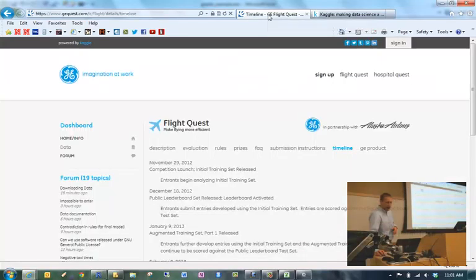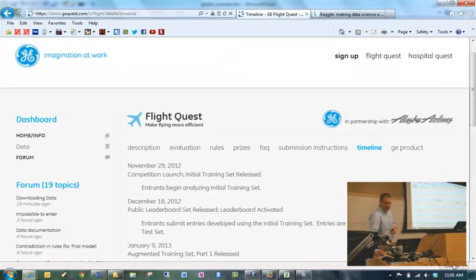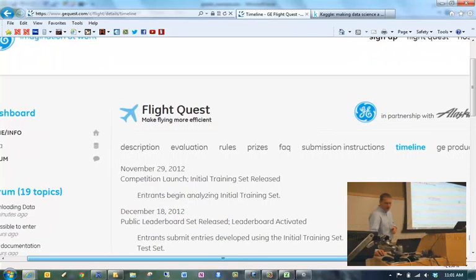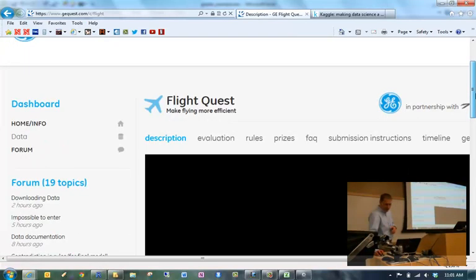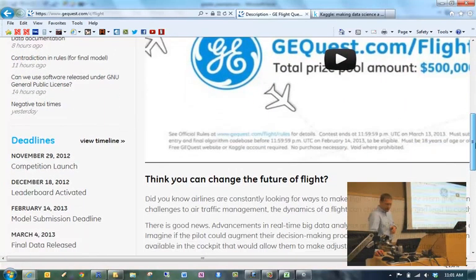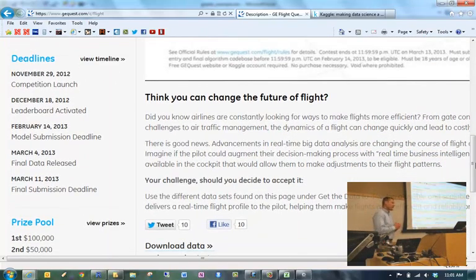One particular competition being hosted by Kaggle is one that General Electric wants to do, which involves trying to improve the commercial airline industry in terms of predicting arrival times of airplanes.